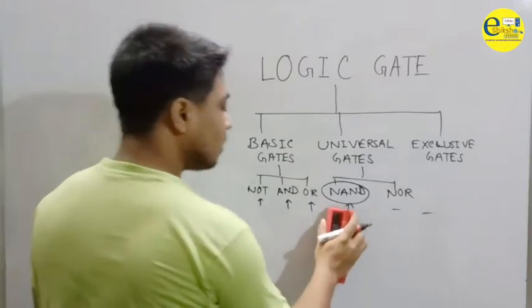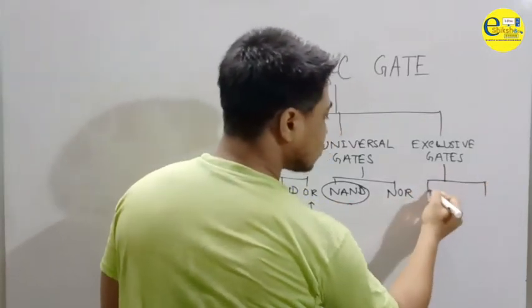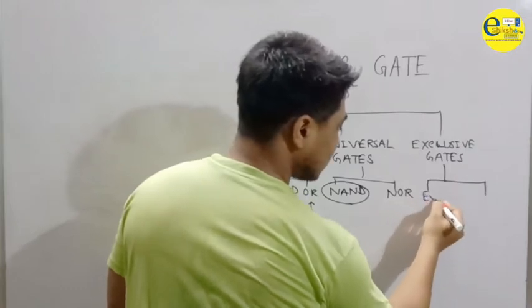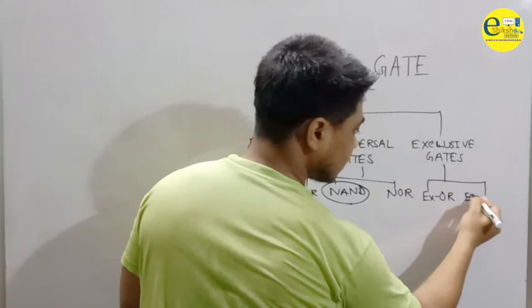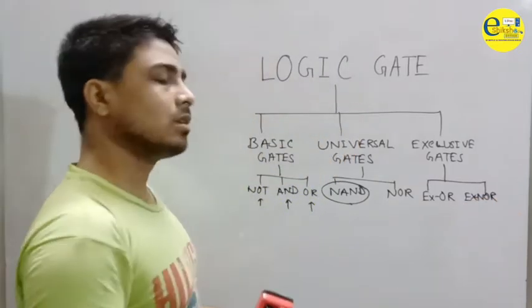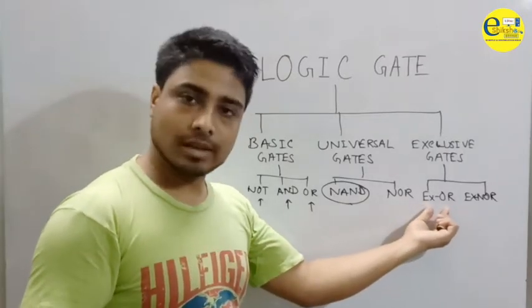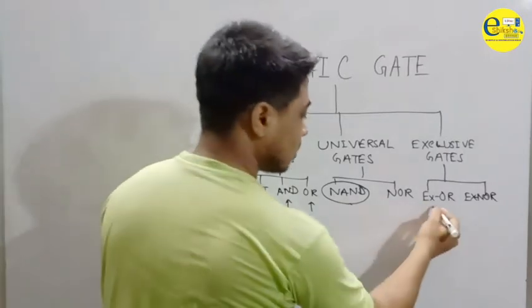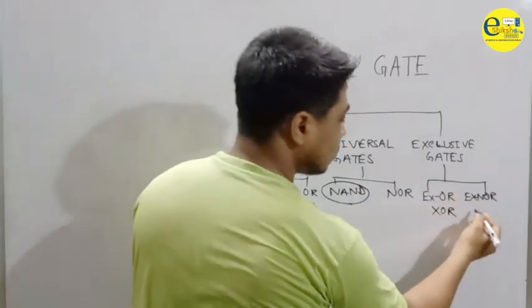Next, the third one is exclusive gate. It also has two types of gate. One is XOR, and the other is XNOR.